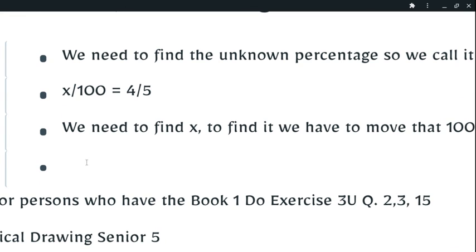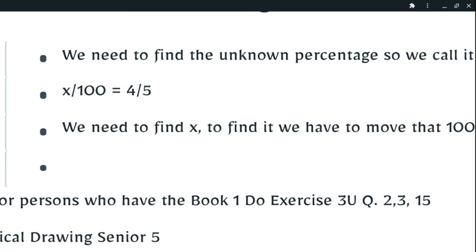Understand? So if X is being divided here, there's a rule in math that says if you want to get that 100 off of the X, you just move it over the equal sign. Everybody understand? Yes, sir. Let me quickly give you a visual.